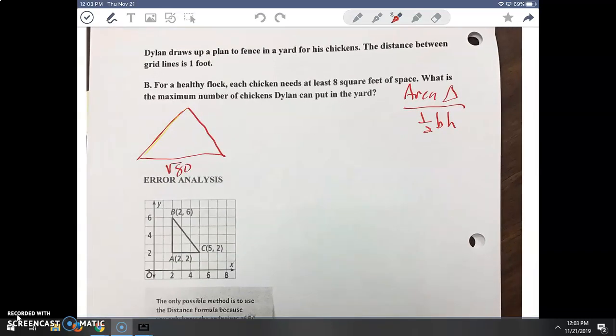Now the height is actually this little dotted line that I'm drawing, or this green one. That's the height. Well, to figure that out, we really don't know. So what we need to do is find the center, the middle.